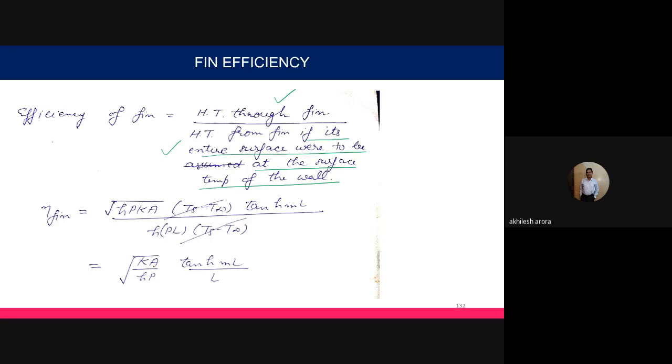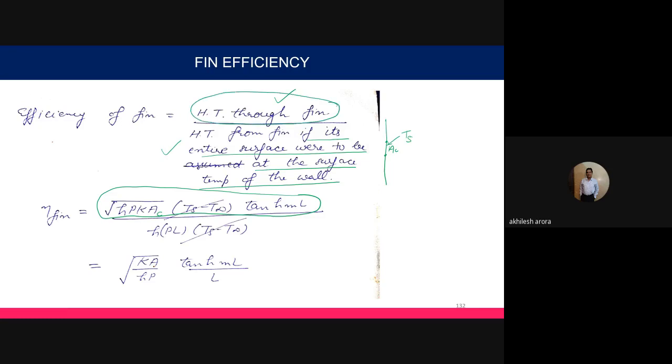So what is the meaning here? See, this is the area AC, and here the temperature is Ts. When we are calculating the heat transfer through the fin, we already know we are considering the most practical case. The value is given by this expression, under root HPKAC, Ts minus T infinity, tan hyperbolic ml. So this is the value of the heat transfer through the fin.